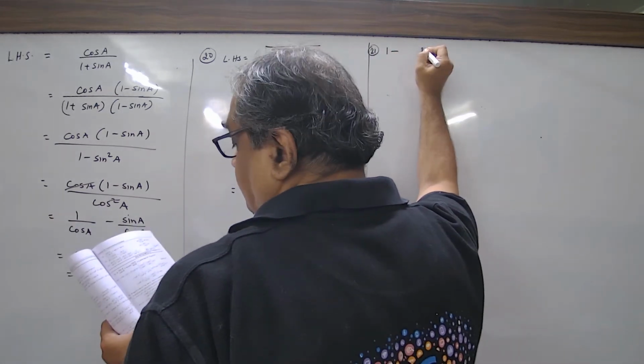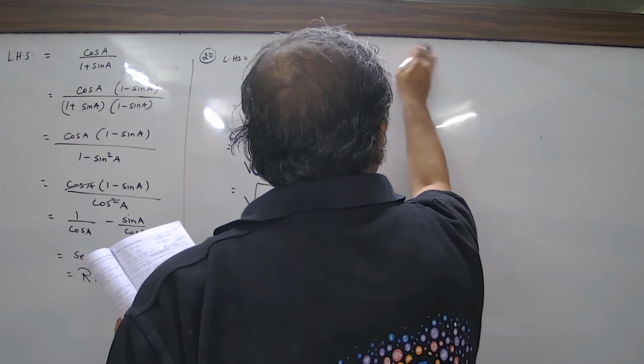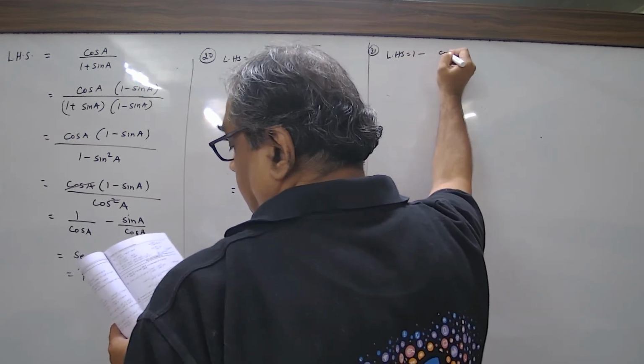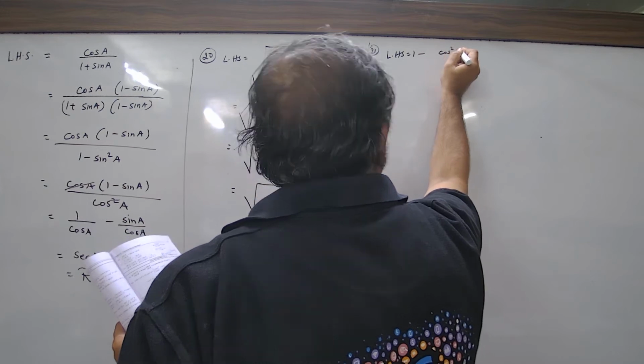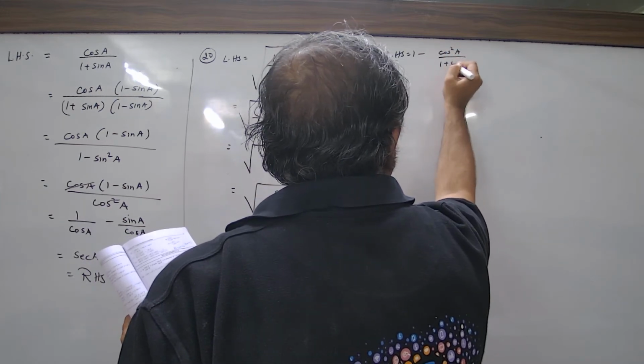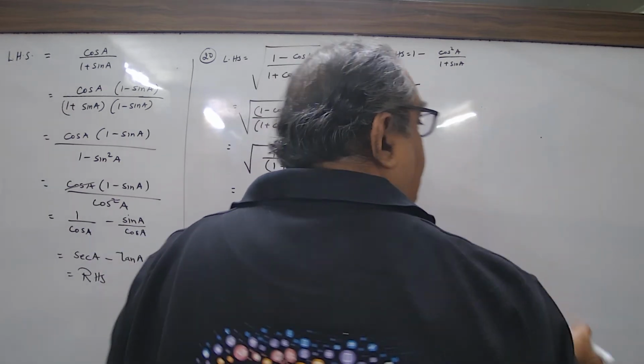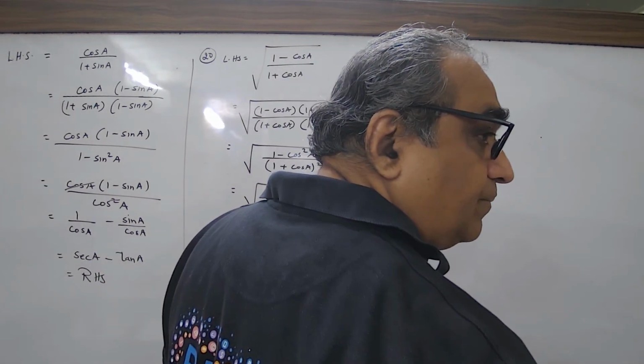Next one. I started with the LHS. On the right hand side, I do not see a denominator.